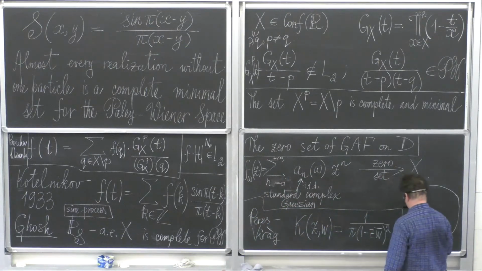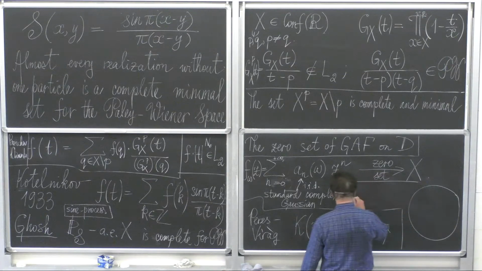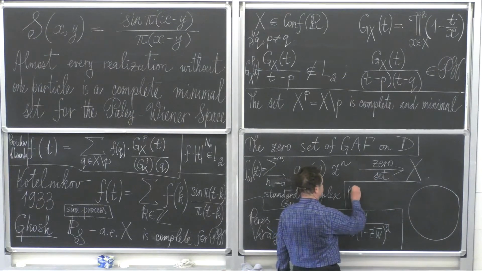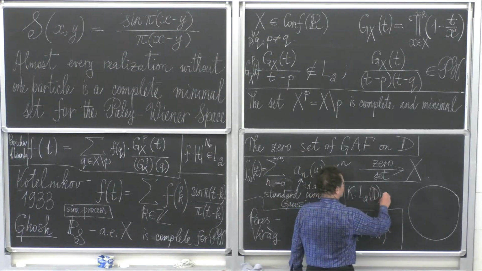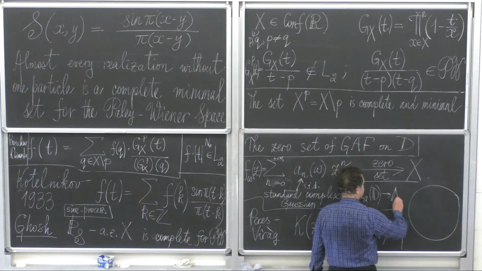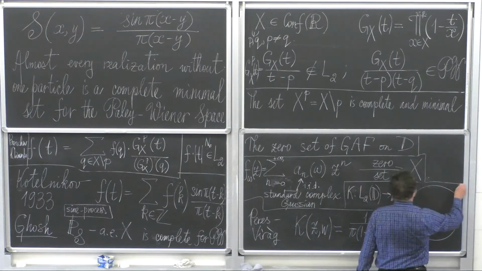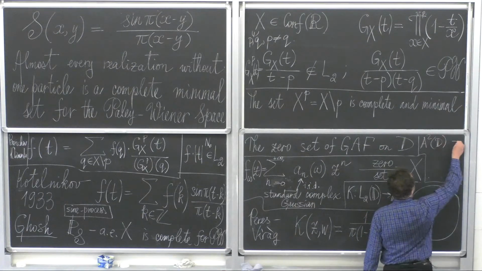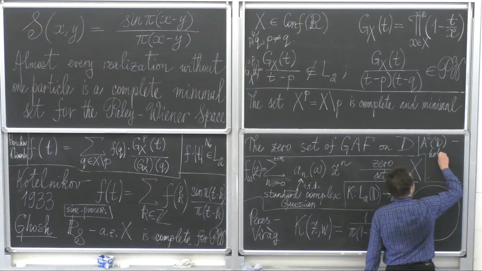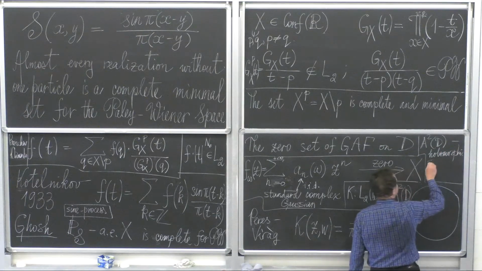Let us recall that the Bergman kernel is the kernel of the orthogonal projection of L2 on the disk to the Bergman space, which I denote A2, the space of holomorphic square integrable functions, square integrable with the usual Lebesgue measure.